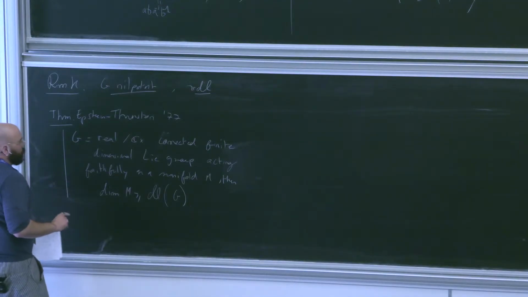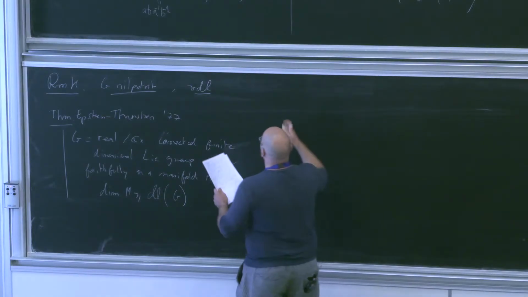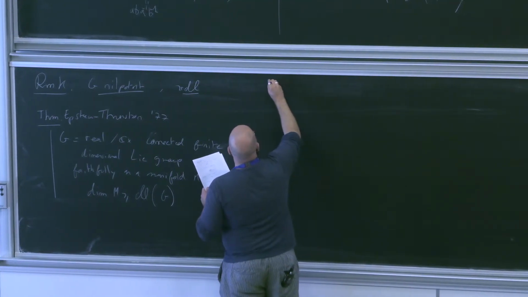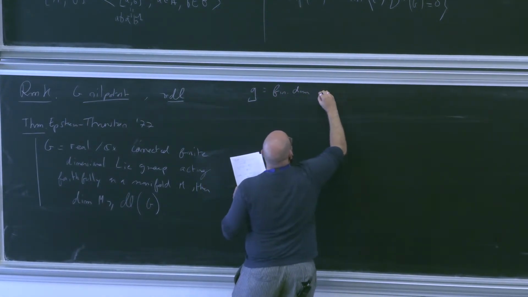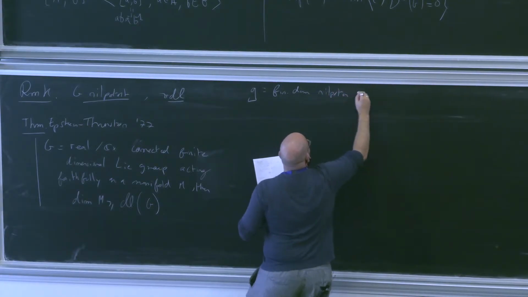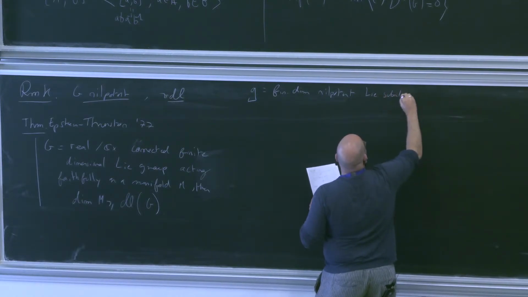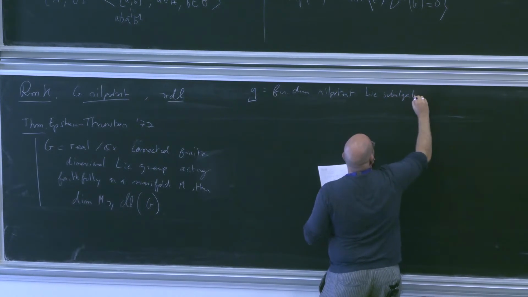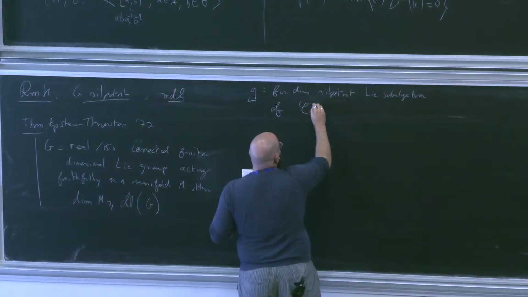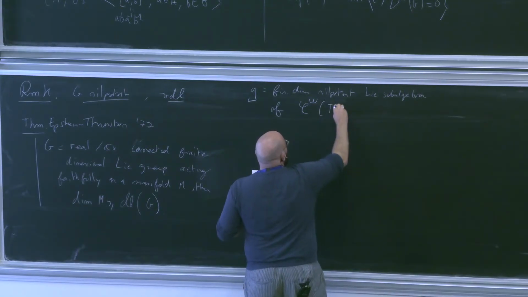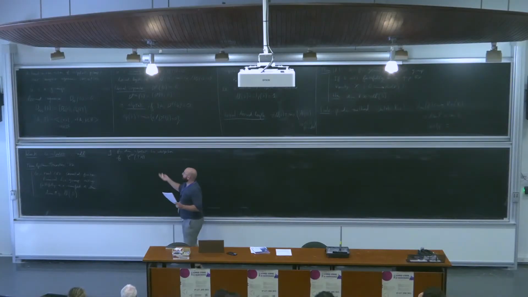Okay, and I also want to mention the dual statement on Lie algebras because it's actually how they prove it. So on Lie algebras you would get that if you have G, which is a finite dimensional nilpotent Lie subalgebra of, you look at, so I'm going to put omega here, either smooth or analytic vector fields over your manifold.